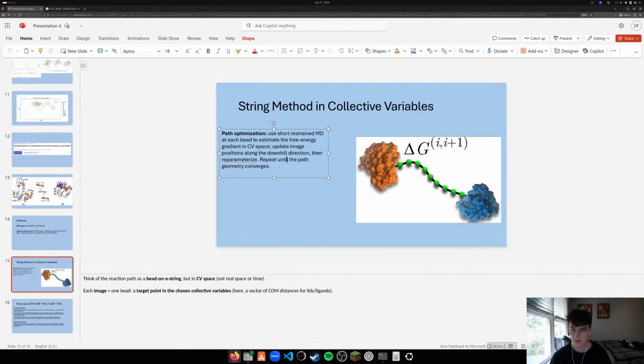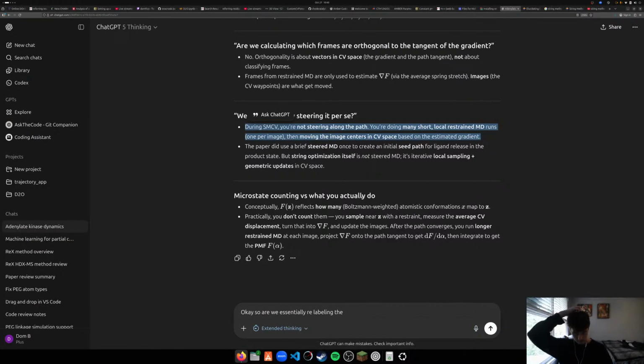So that's the key thing right here. It's iterative local sampling plus geometric updates in CV space.